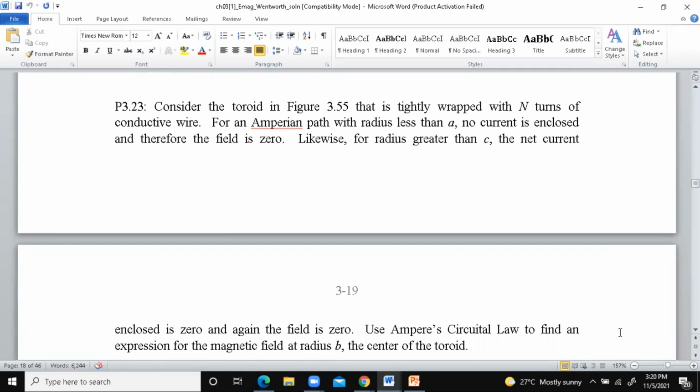But you know what a toroid is. Yeah, I saw it before, but I don't know what it does.